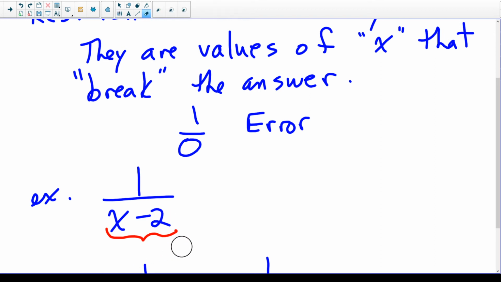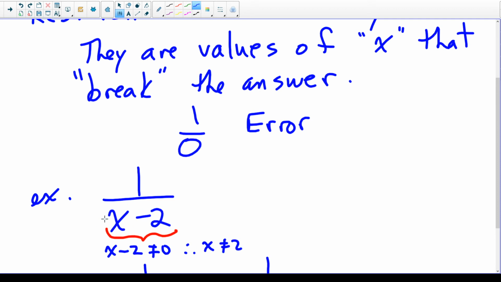Basically, this is like finding your roots in quadratics, but instead of saying they're equal to 0 to find your roots, you're saying they're not equal to 0 to find your restrictions. And it's only the denominators of the fractions right now. We'll talk about that later. So you're setting x minus 2 can't be equal to 0, therefore x can't be equal to 2. I'm writing it out the long way here.